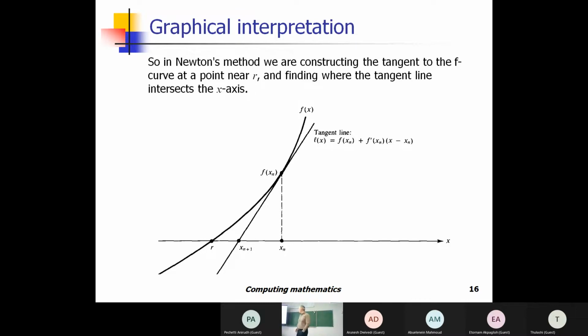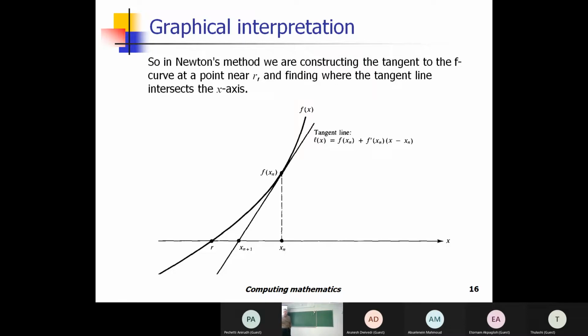And I can say that this tangent line is a more or less good approximation to the function. Of course, this line is a very good approximation near this point, and rather a bad approximation far from this point, right?